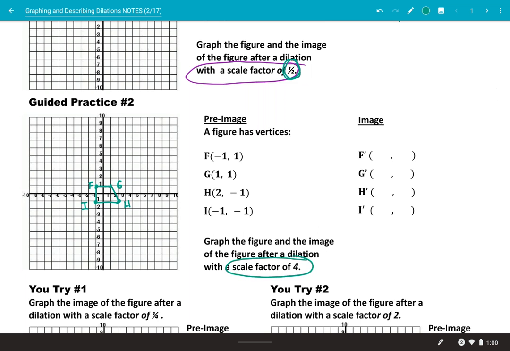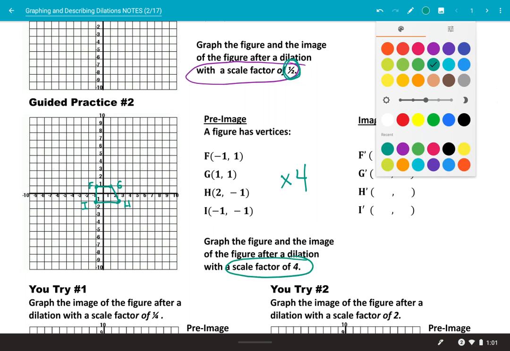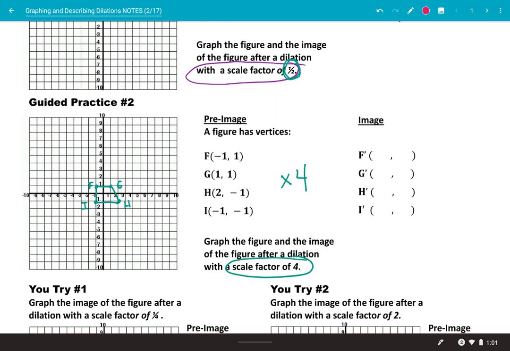With a scale factor of 4, do you think it's going to be bigger or smaller? It is going to be bigger. So we're going to multiply each number by 4. So -1 times 4. And we're doing it to each number. I'm taking my G points, multiplying each one by 4. So 1 times 4, -2 times 4, and then we're going to graph it.